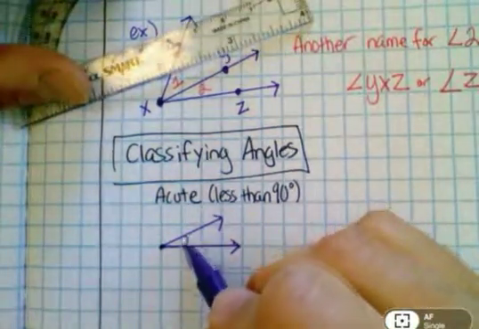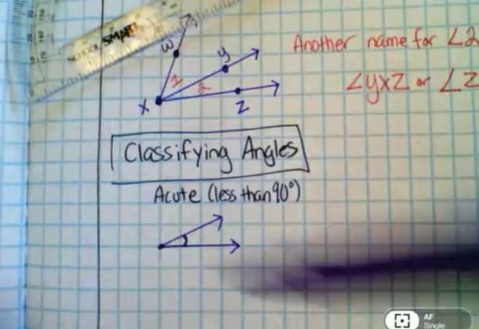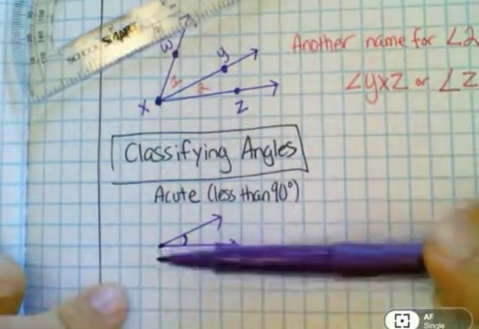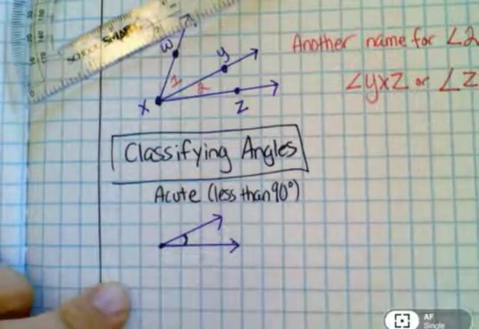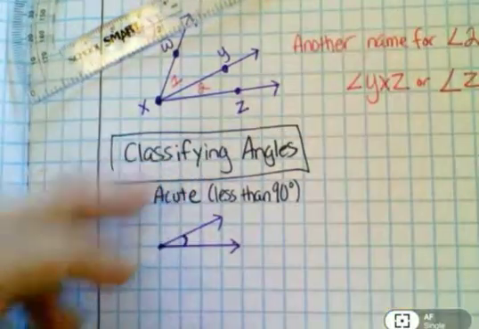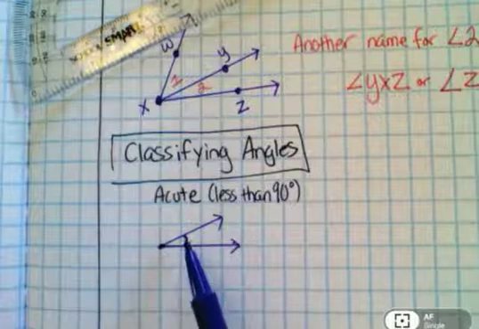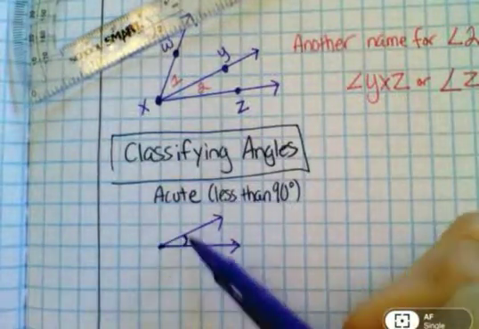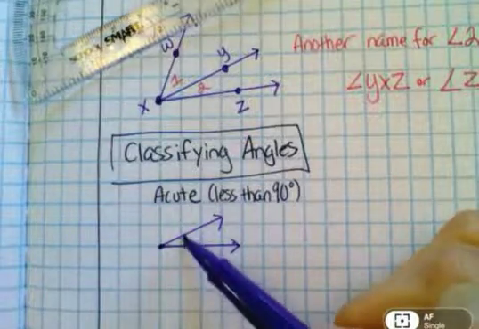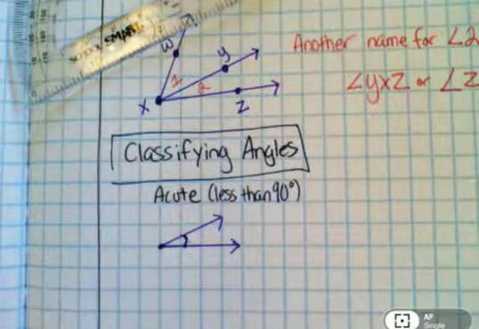Okay. And there's the angle. And the angle is the rotation from one ray to another ray. So even if I drew these out really big and the angle looked gigantic in size, the measure of the angle would still be less than 90 degrees because we're just talking about how many degrees around do you rotate to get from one ray to the other.